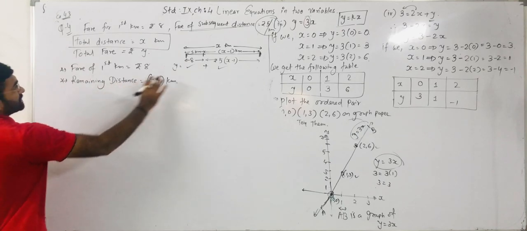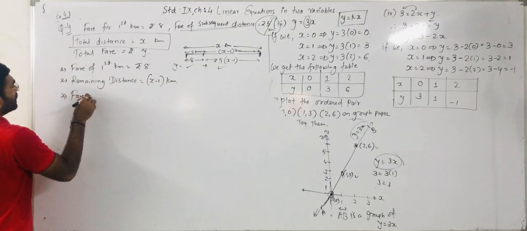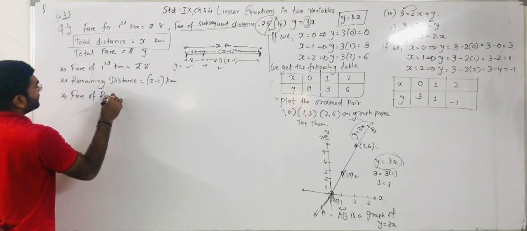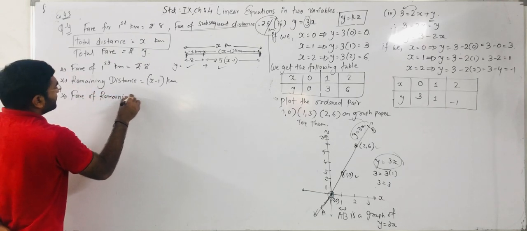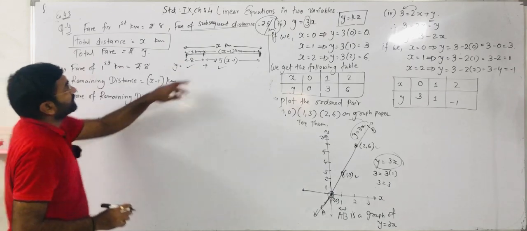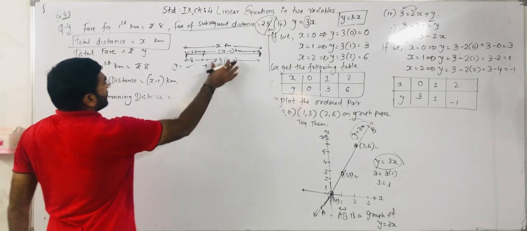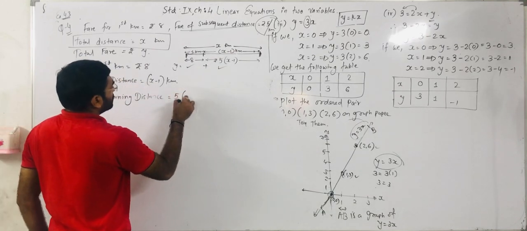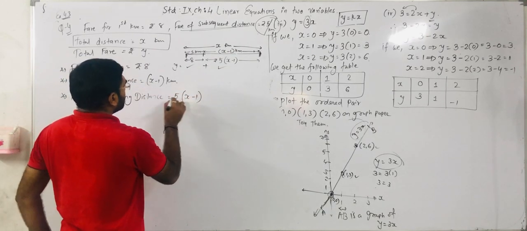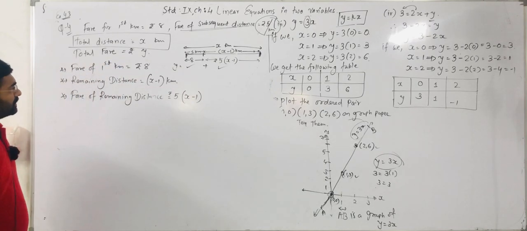So we can define the fare of the remaining distance. How much is it? As per the question, the subsequent distance per kilometer charge is 5 and the remaining distance is x minus 1. So 5 times x minus 1 rupees. This is the remaining distance fare.